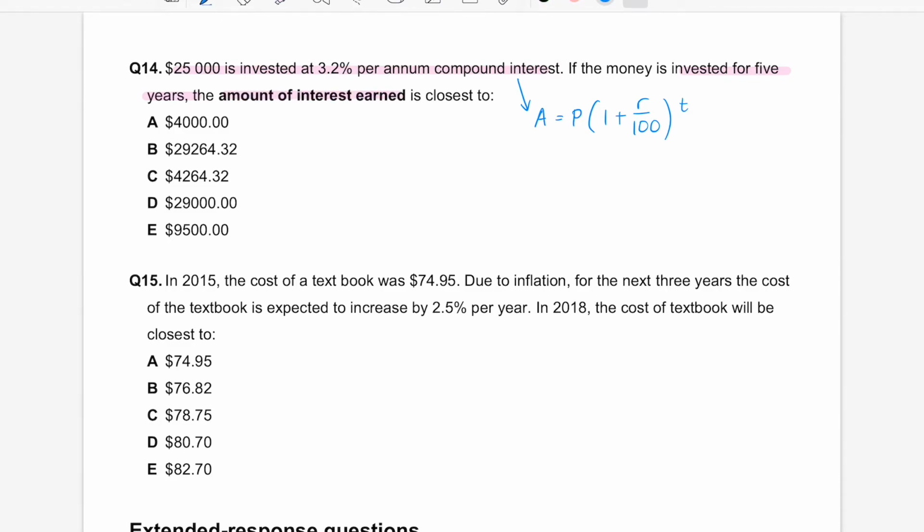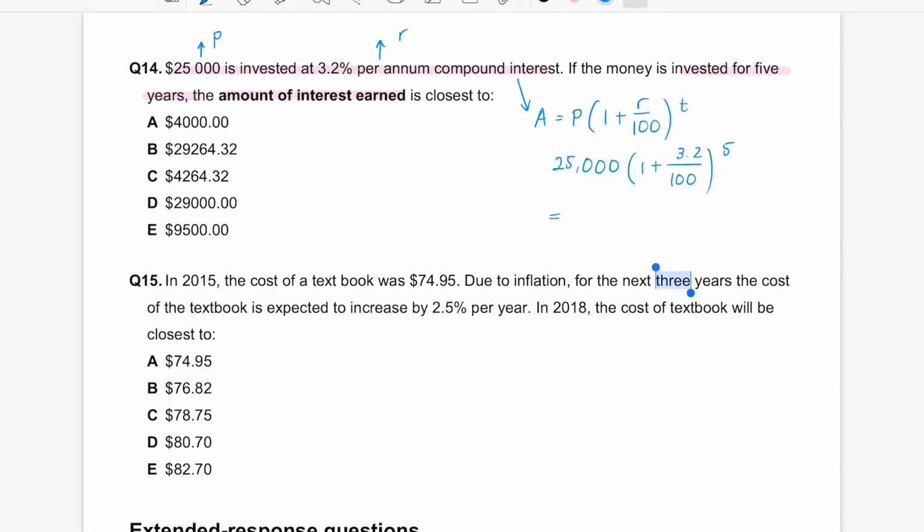Alright, so there's two parts to this question that we need to actually work on. So let's start by focusing on the equation that I've just written out. We know that our principal is 25,000 and we have an interest rate of 3.2% per annum. Alright, so $25,000 times 1 plus 3.2 divided by 100, and then it's been invested for 5 years.